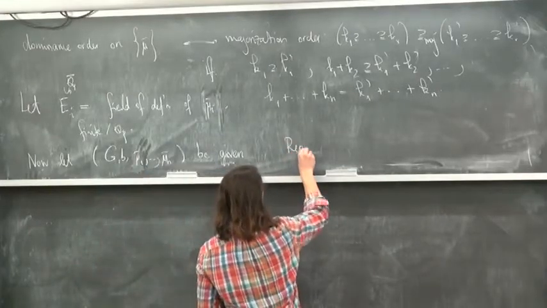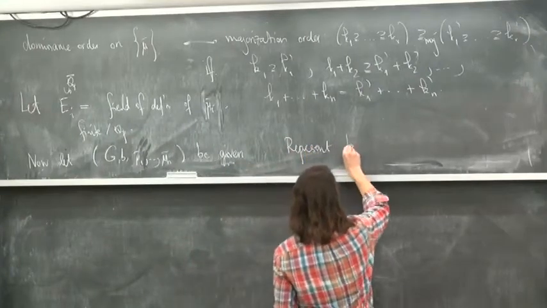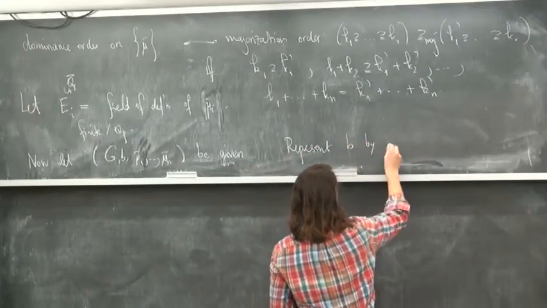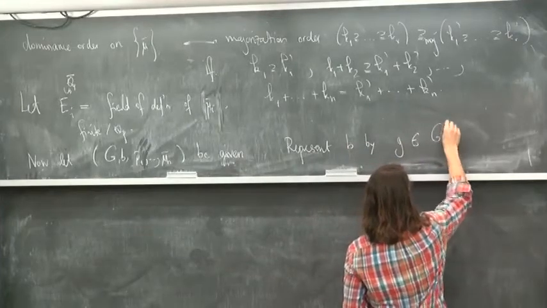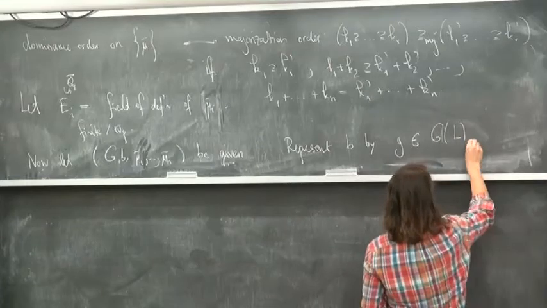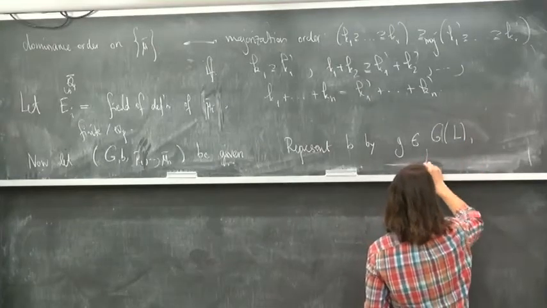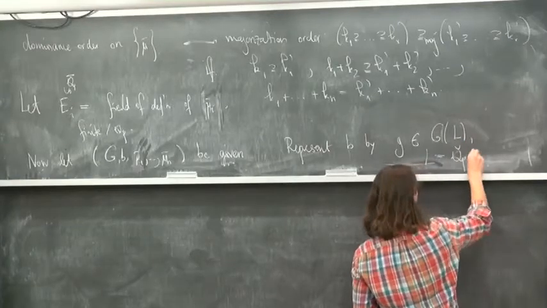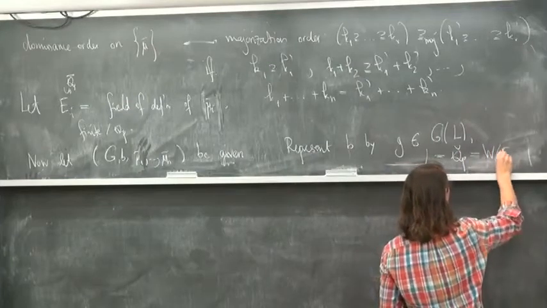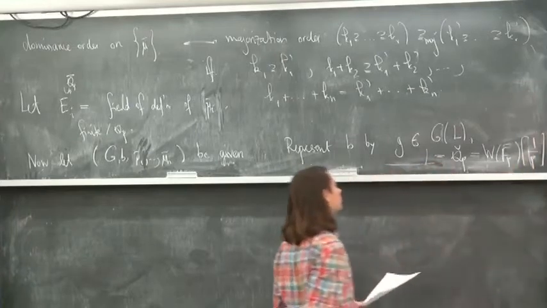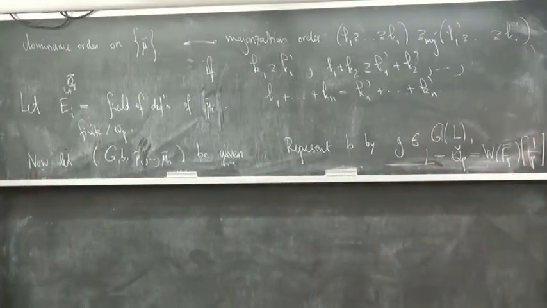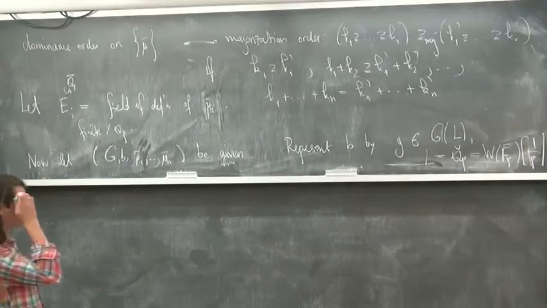Let's say we represent b by some element g in GL_n(L), where L is what I will denote by Q_p breve in the following, which is the completion of the maximal unramified extension of Q_p, with residue field F_p bar. You can always represent this over F_p bar already.